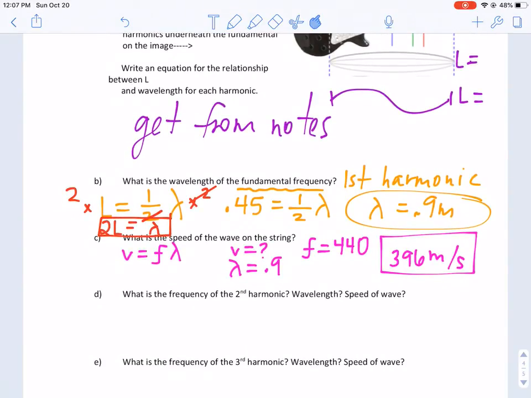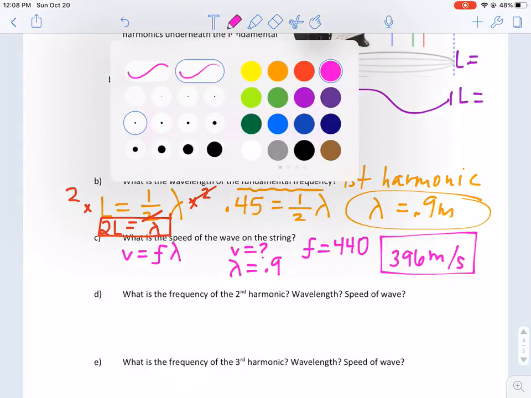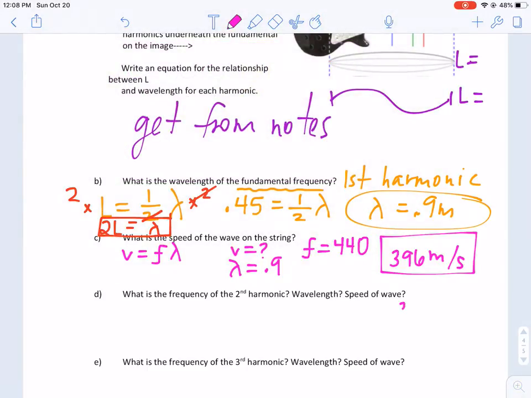Okay, now we think about, what about the second harmonic? What about the third harmonic? All of these, we're now changing harmonic, but we're not changing length. And we're assuming if we're not changing length, that we're going to keep the same speed of the wave.